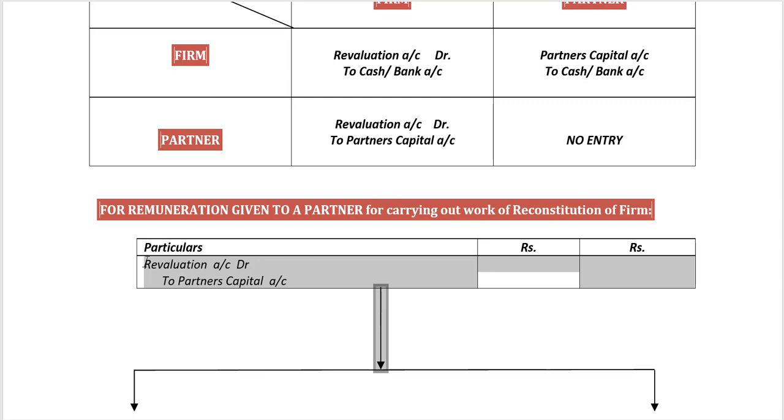I repeat, when any remuneration is given to a partner for carrying out the work of reconstitution of the firm, the journal entry is revaluation account debit to partners' capital accounts.